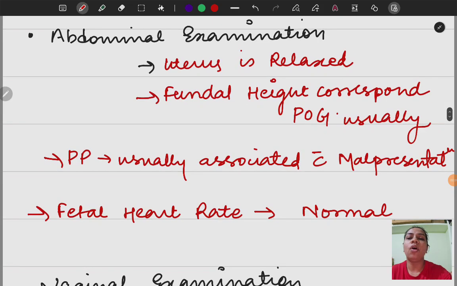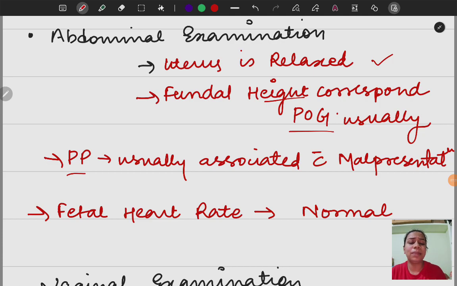Next we will see what will happen on abdominal examination. So the uterus will usually be relaxed. The fundal height, normally, is equal to the period of gestation, usually. But placenta previa is usually associated with malpresentation. What happens?